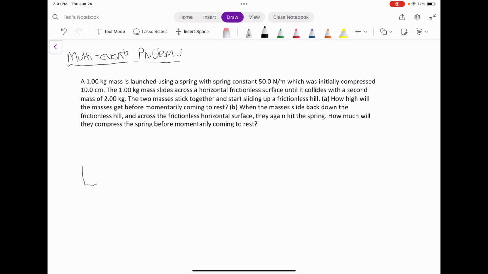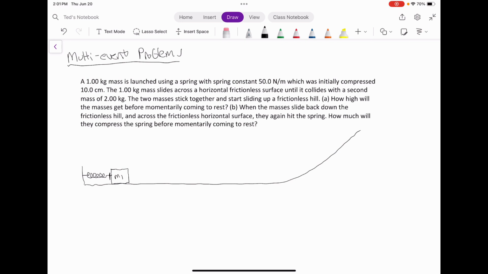So we have a horizontal frictionless surface, and then we have a frictionless hill. We have a spring, which is initially compressed, and a mass connected to the spring. We'll call this guy M1.